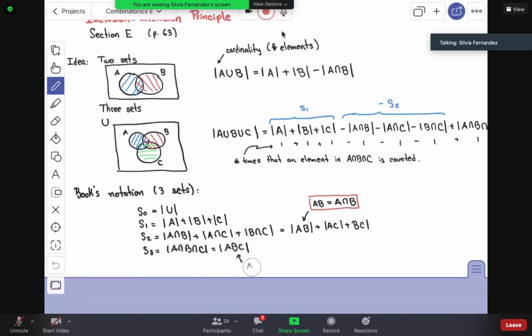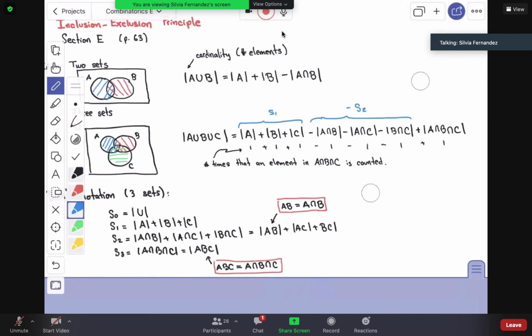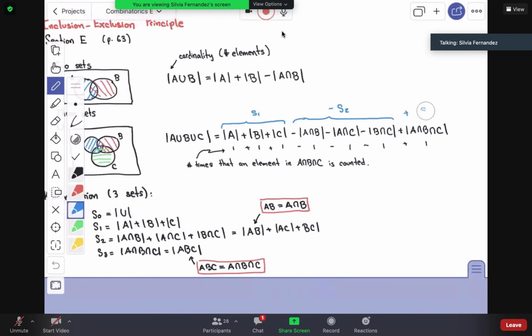ABC is simply supposed to mean the intersection. And so this one over here will be S3.